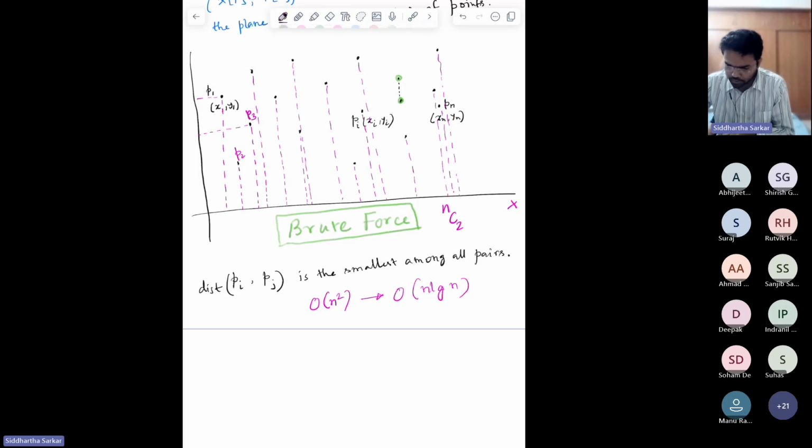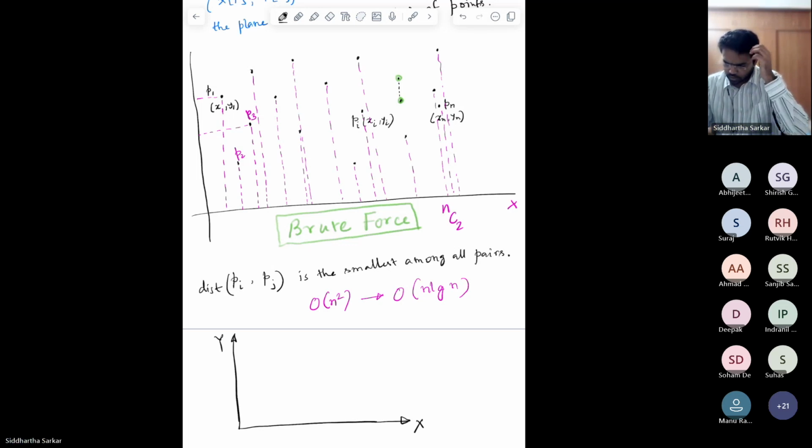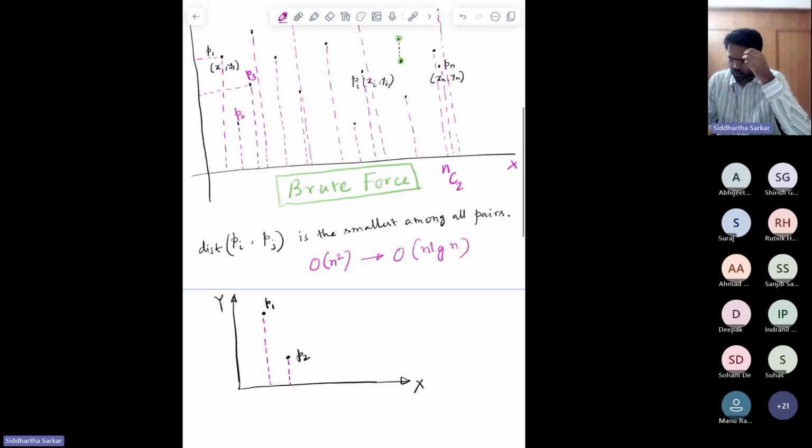I'll give you a counterexample. I know for a fact that this doesn't work. So here's the x-axis, here's the y-axis. I want to draw 2 points which are closest in terms of projection, but very far apart. Again, I want to do the same thing in the y direction also.